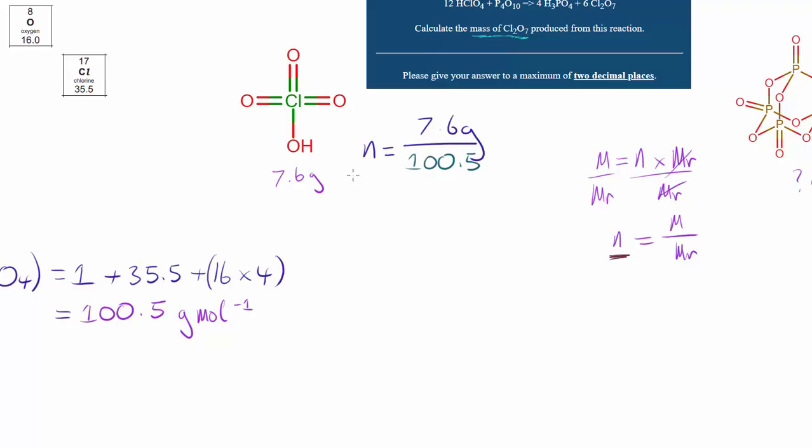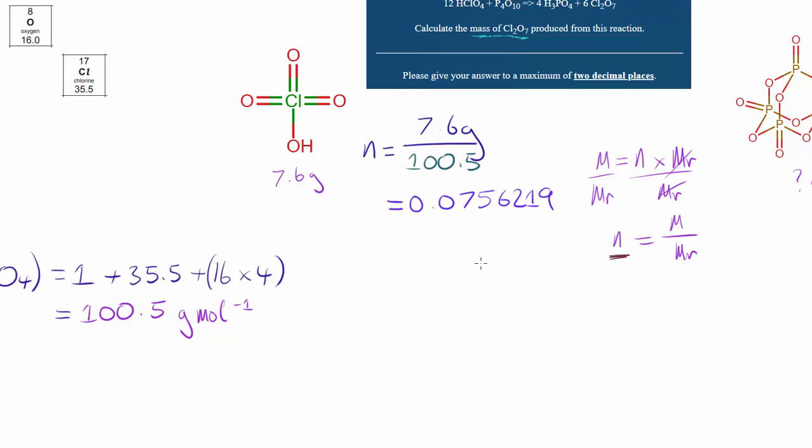I would invite you again to have a go, and you should find that you get 0.0756219. So we now have a value for our moles, and this is the value of the moles for the perchloric acid, the HClO₄.